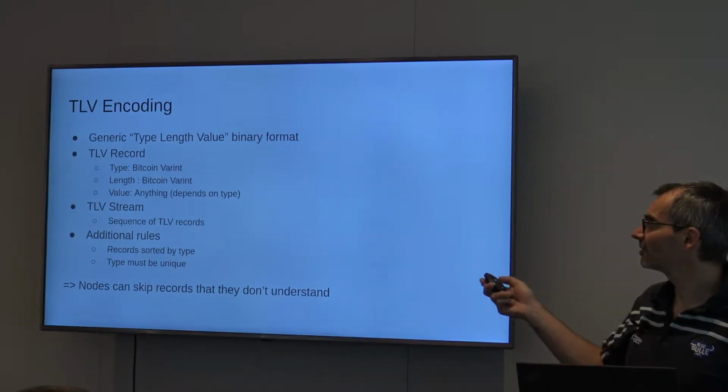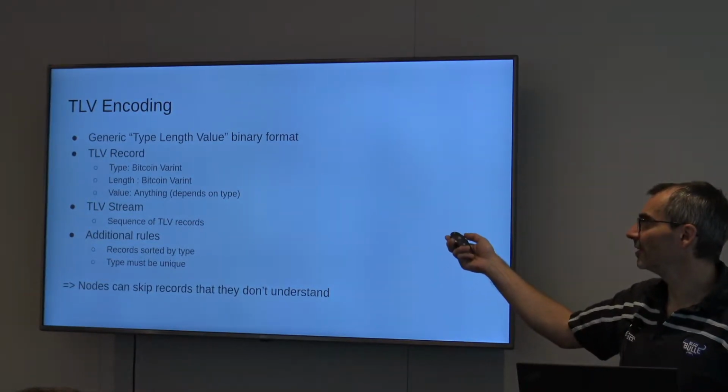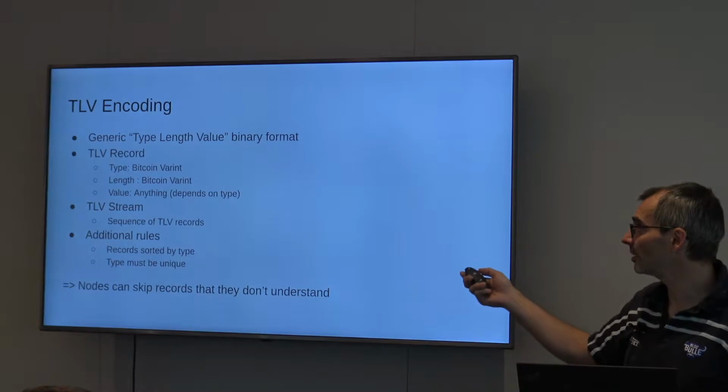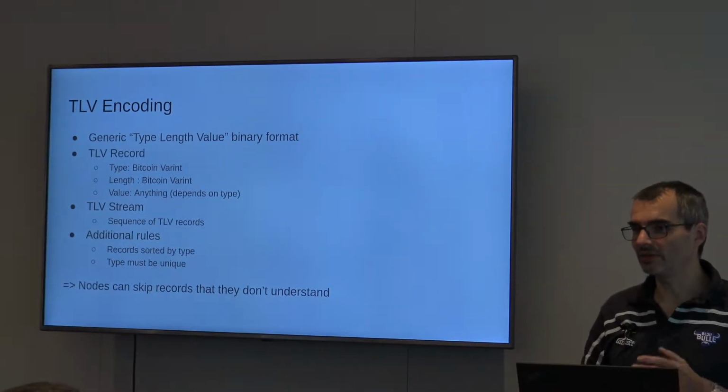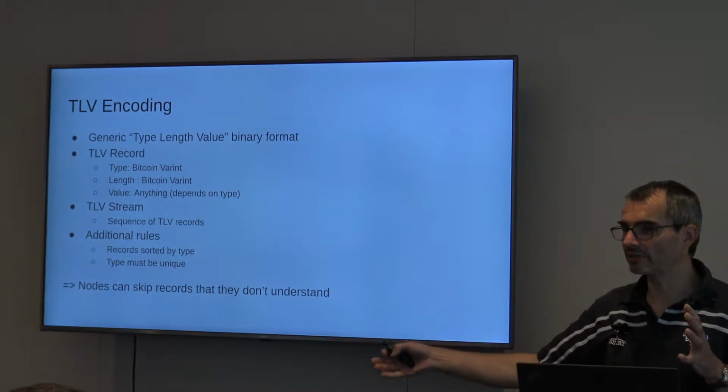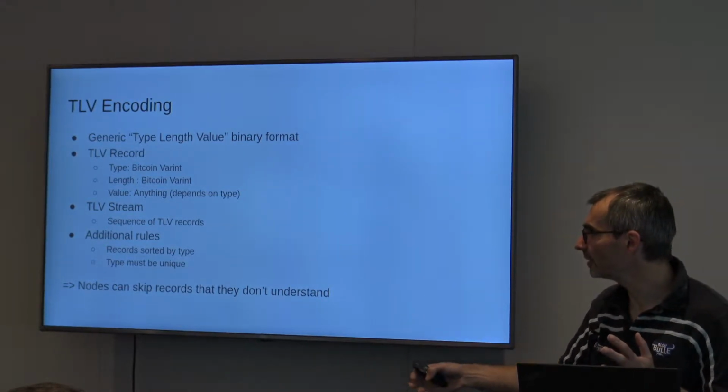A TLV record means you have a type, in our case a Bitcoin varint, a length, again a Bitcoin varint, and a value. It could be anything, and it depends on the type. And you have TLV streams that are just a bunch of TLV records all put together.